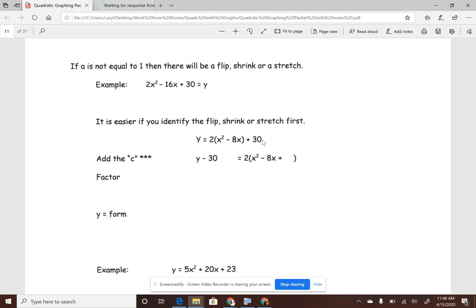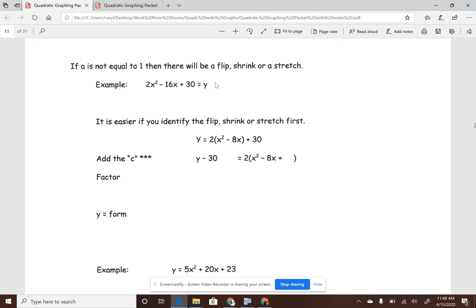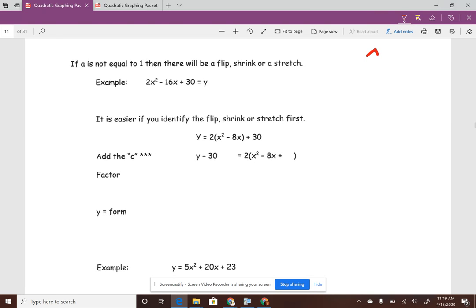I'm going to show you how to do a quadratic equation with a coefficient other than 1. This is page 11 in your packet. Basically, the idea is that if the coefficient of the x squared is something other than 1, it's not going to look like your traditional, beautifully symmetric parabola.